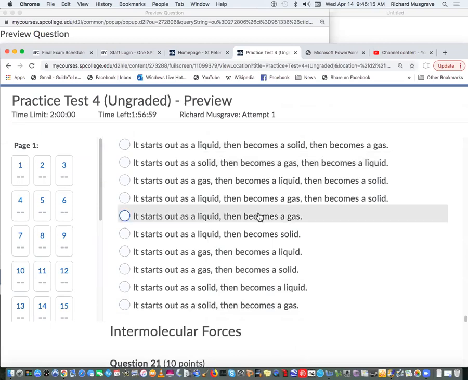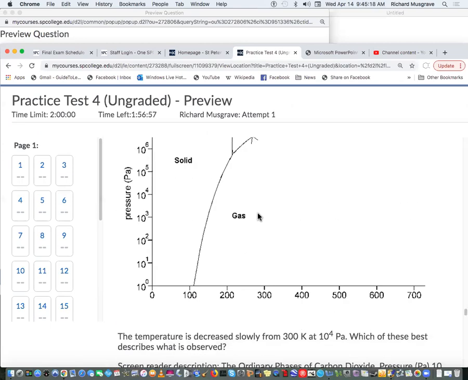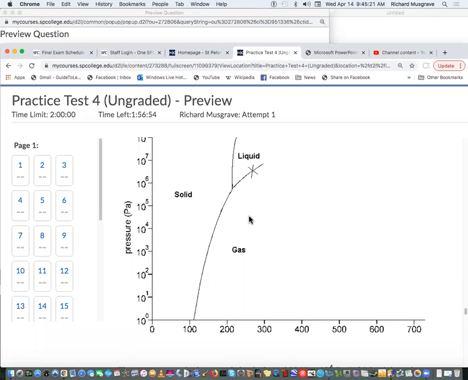All the possible answers are here, but it starts as a gas, turns into a solid. Any questions?